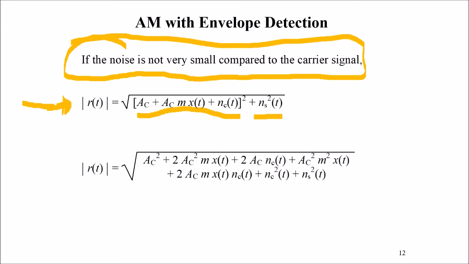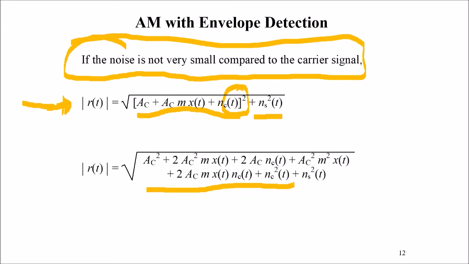When we square the in-phase components, we get an AC squared term, then a 2AC mx of t, and then a 2AC NC of t, and then we have an AC squared m squared x of t plus a 2AC mx of t NC of t plus NC squared. So 1, 2, 3, 4, 5, 6 terms. These first 6 terms come from squaring everything inside these square brackets, and then we have finally NS squared of t. So this is the total signal, and then we take the square root. This will give us the magnitude of this phasor.